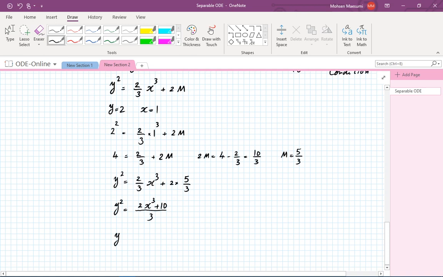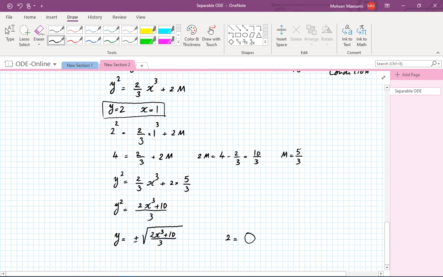If I take the square root, it appears as if I still have the plus and minus. But a moment's reflection shows that, in fact, I have an easy way of telling whether I have to choose plus or minus. The way I decide that, I say this is the initial condition that must be satisfied by my final solution, that when x is 1, y has to be 2. So instead of y, I put 2.